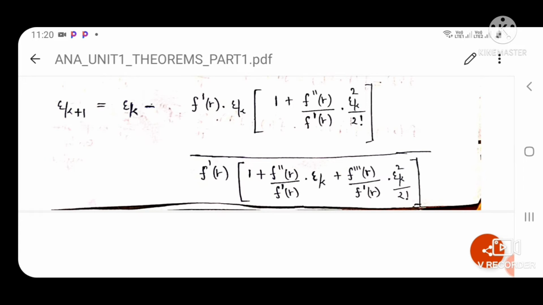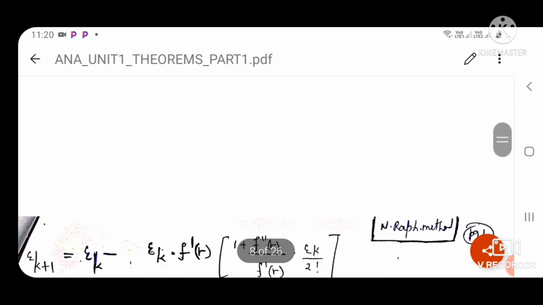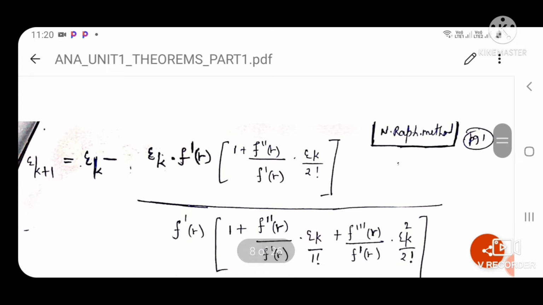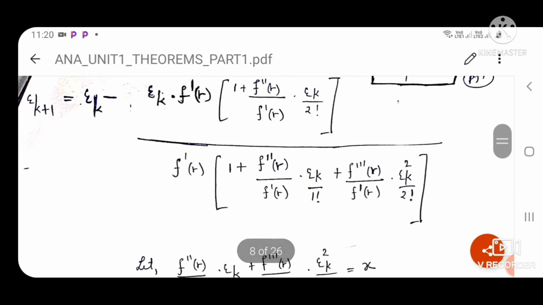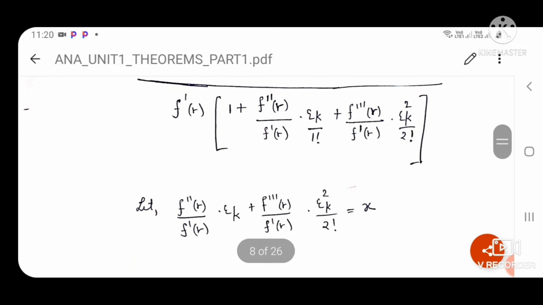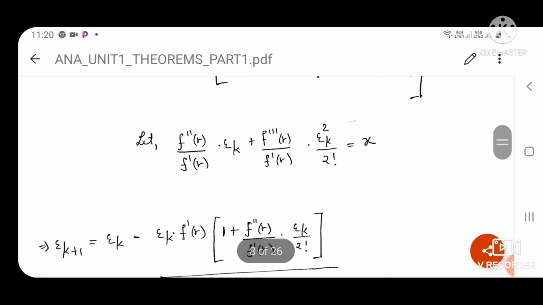As you can see, it's not a difficult task. Now it's just further simplification which is going to help you. Both get cancelled out again, which is f dash of r and f dash of r, and let this particular term in the denominator after the 1 in addition be written as x. That is done in order to make your sums easier to solve.